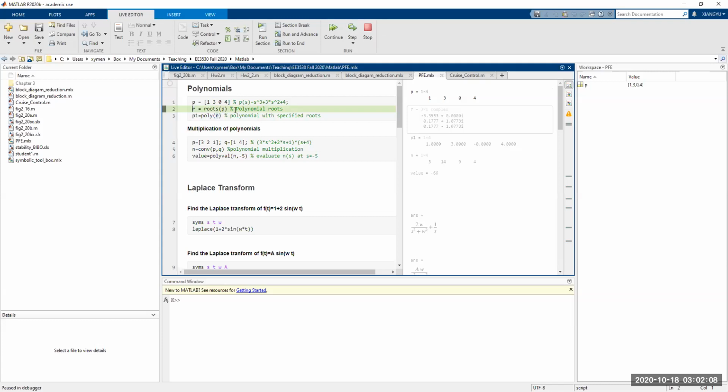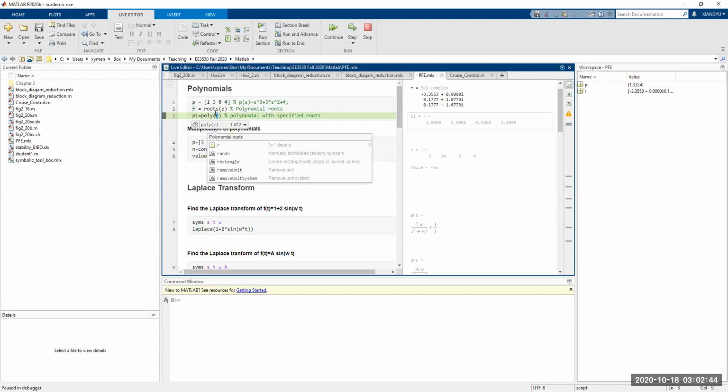The roots command in MATLAB calculates the roots of the polynomial. For this polynomial P, it has a real root and a pair of complex roots. Then the MATLAB command poly constructs a polynomial based on the roots.